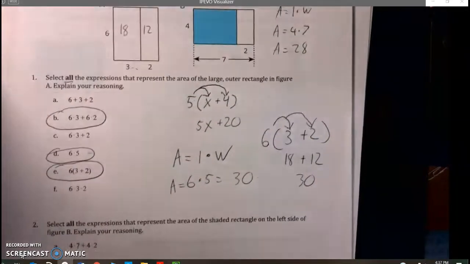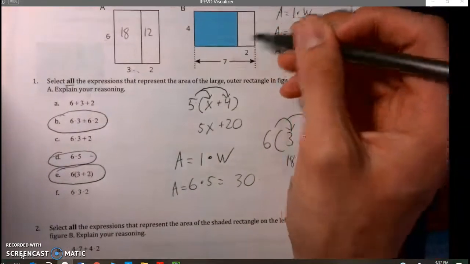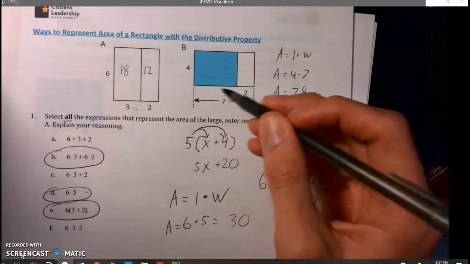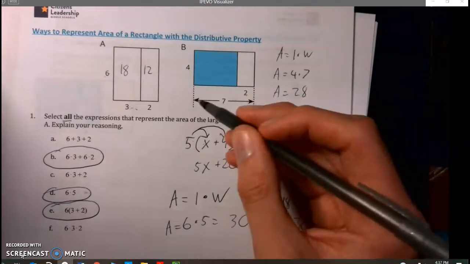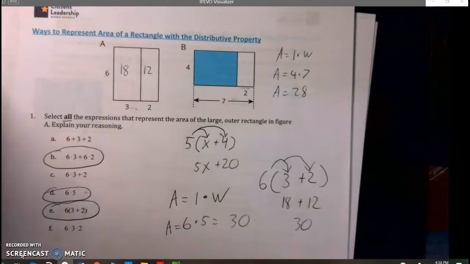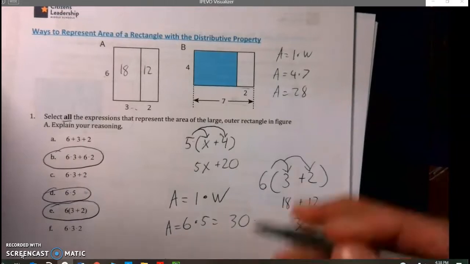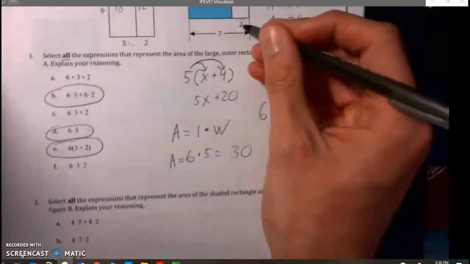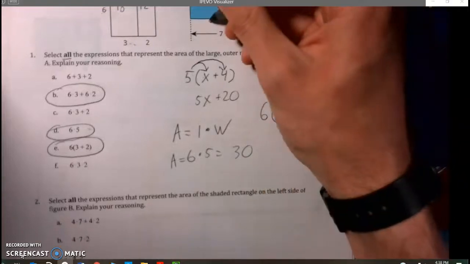So, if the length of this whole thing is 7, and this is 2, what must this be? Well, that's where our subtraction comes into play. So 7 minus 2, if this is 2, then this blue must be 5.